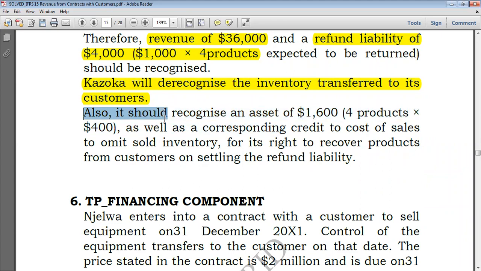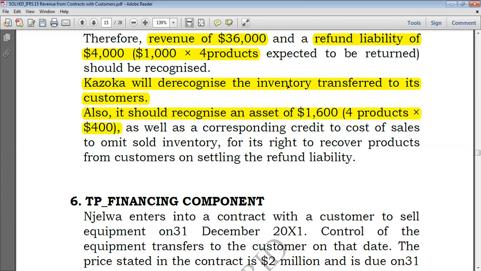You sold goods to a customer for 1,000 and the actual cost was just 400. So it would mean that the goods would be returned, and those goods would be recorded at their original cost. That is 4 products, each product costing $400. So you have to multiply them and have 1,600.